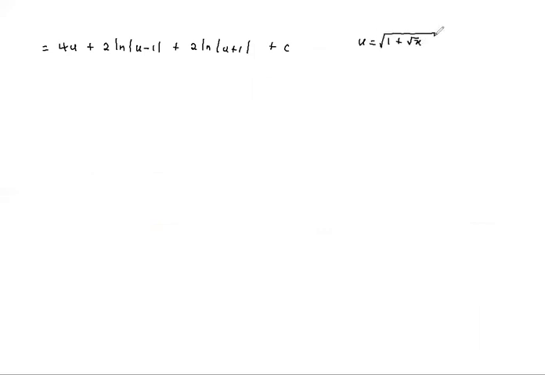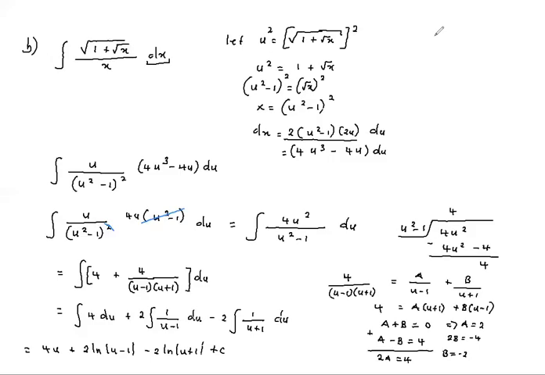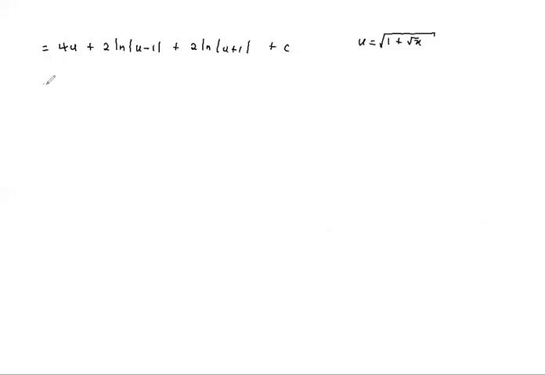Before we square this, it was 1 plus root x. So we can't leave our answer in terms of u. We must leave our answer always in terms of x.